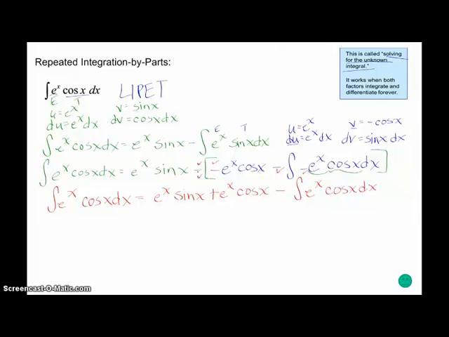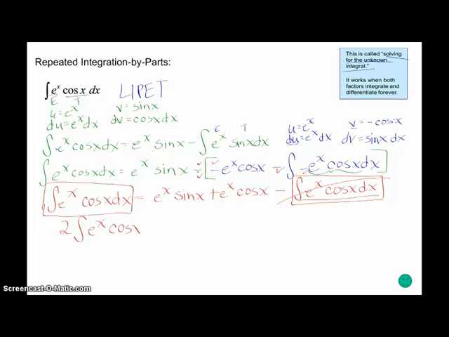Let's talk about this whole integral on the left-hand side of our equal sign being a term, and I have the exact same term being subtracted on the right-hand side. So if I was to add the entire integral on both sides, that's going to go to 0 on the right, and I'm going to have two of those integrals over here.